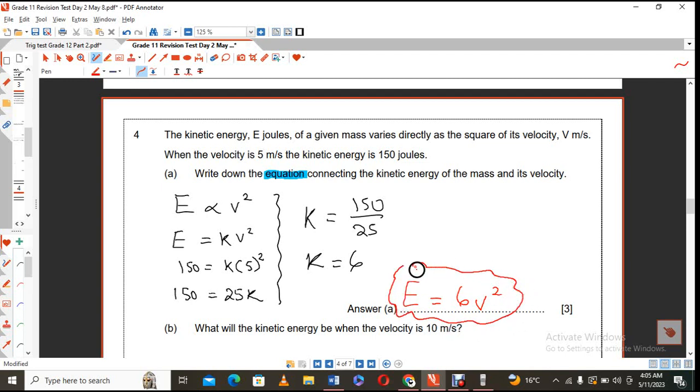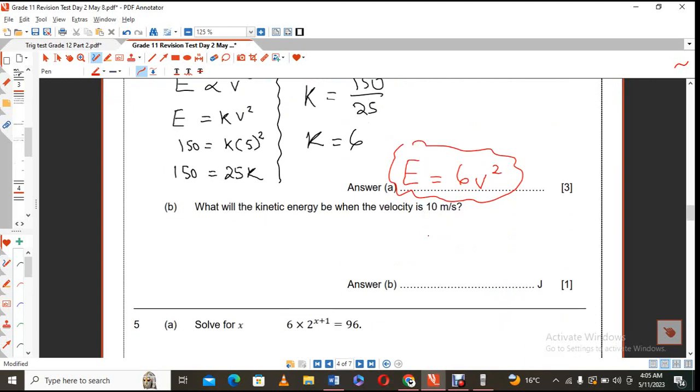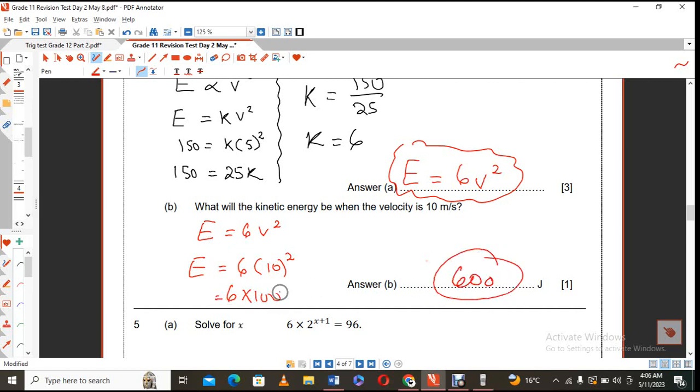The next thing in part B, they are probably just going to give you something and then you must find the other one. Again, the equation is E equals 6v squared. They ask what will be the kinetic energy when v is 10 meters per second. So E would be 6 times 10 squared, which makes it 6 times 100, which is 600 joules.